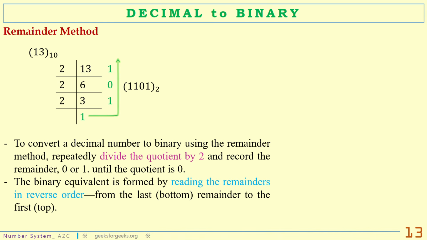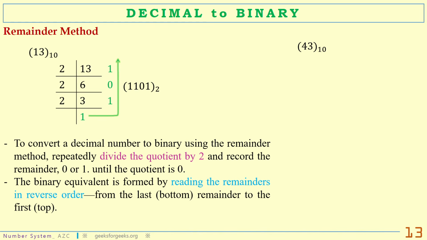Now let's convert 13 to binary number. 13 is repeatedly divided by 2. The digits of the remainders in reverse order, from the last, bottom, remainder to the first, top, make the binary number. So the answer is 1101.